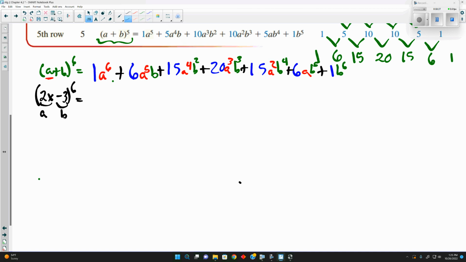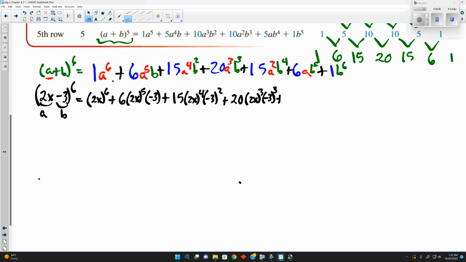Our first one is 1 times a to the 6th, so 2x to the 6th, plus 6 times 2x to the 5th, negative 3 to the 1st, plus 15 times 2x to the 4th, negative 3 squared, plus 20 times 2x to the 3rd, negative 3 to the 3rd, plus 15 times 2x squared times negative 3 to the 4th, plus 6 times 2x times negative 3 to the 5th, plus negative 3 to the 6th.